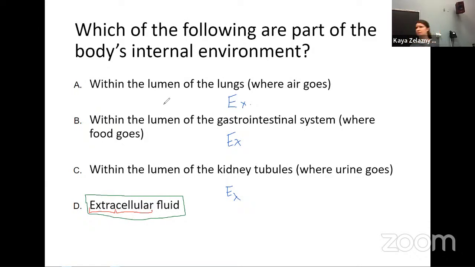And I like to break down terms as we go through physiology and anatomy as much as possible, because like I said, I try to memorize as little as possible. There's a lot of stuff to memorize in biology and in healthcare fields. So if there's anything that you can understand just by reading words, we're going to try to do that.